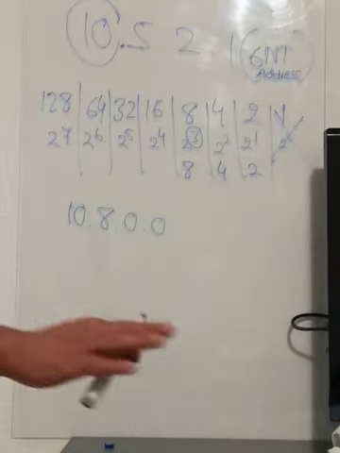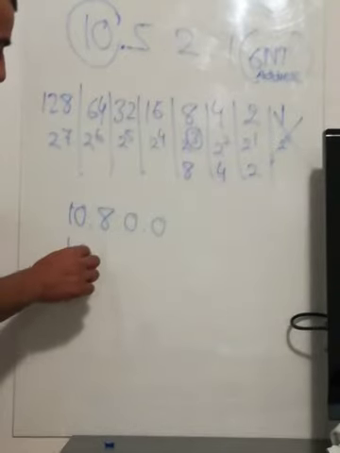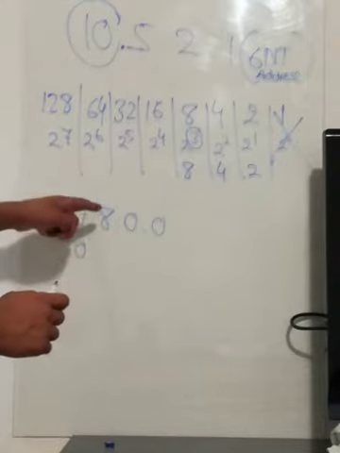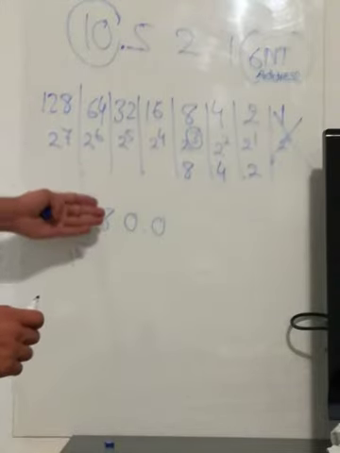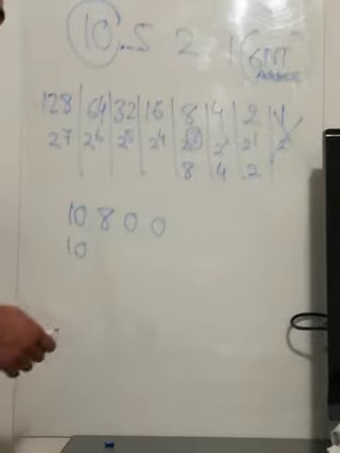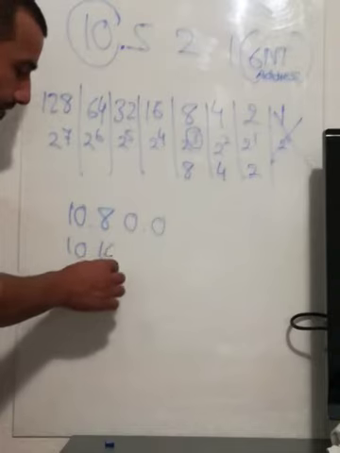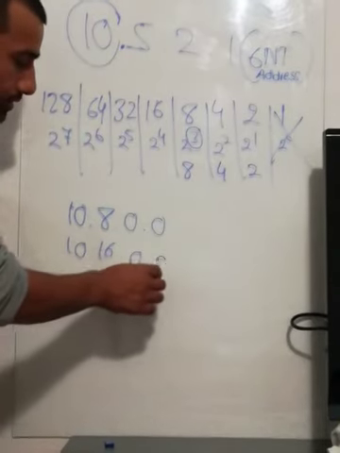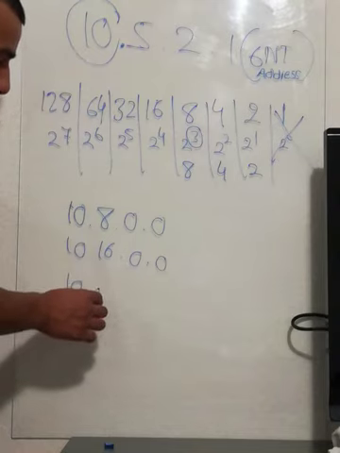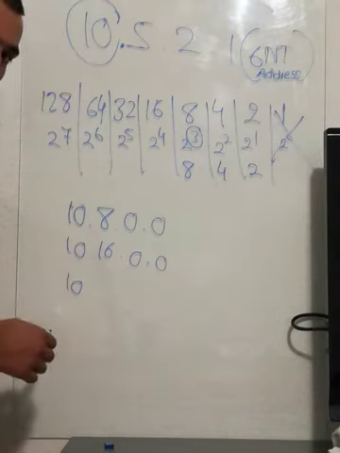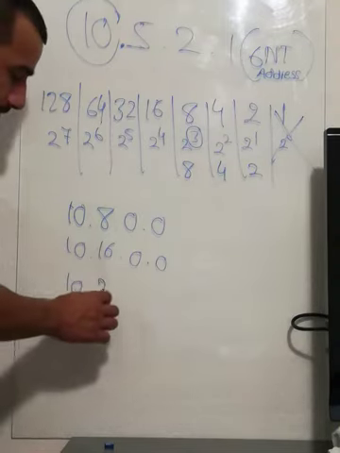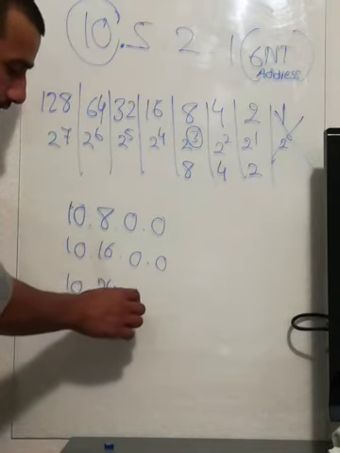The second network address will be 10 dot, we double what we have borrowed. We double the 8. 8 plus 8 is 16, so 10.16.0.0. The third IP address will be 10 dot 16 plus 8, 24, so 10.24.0.0.